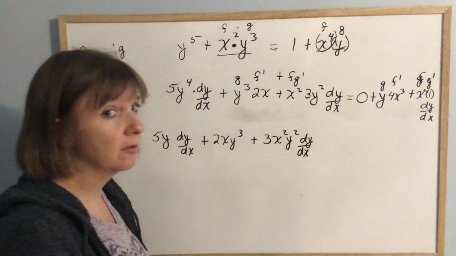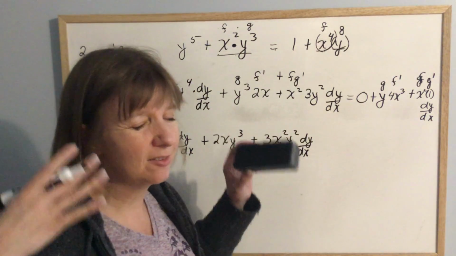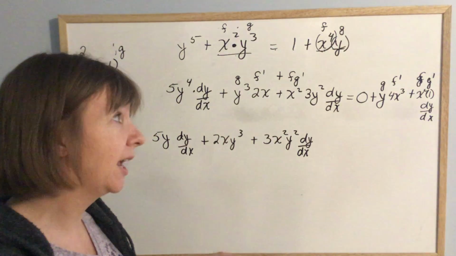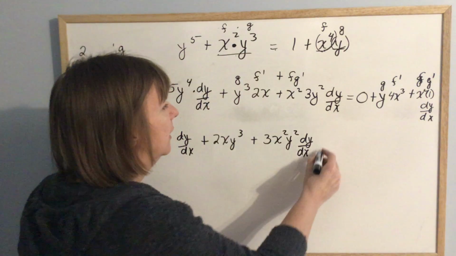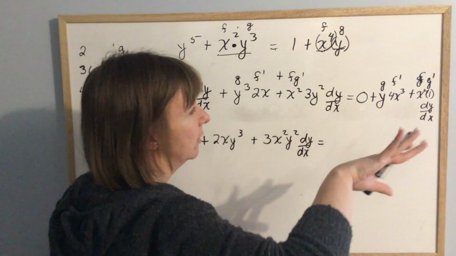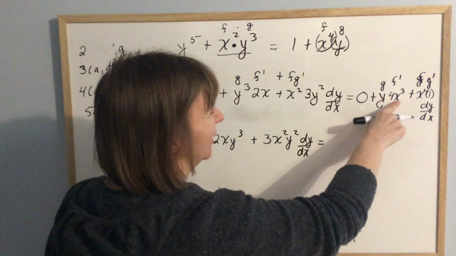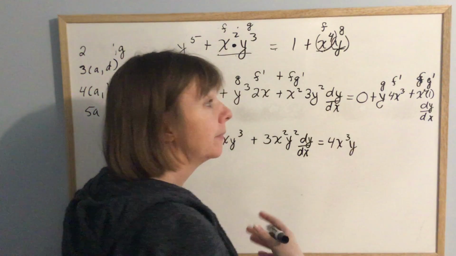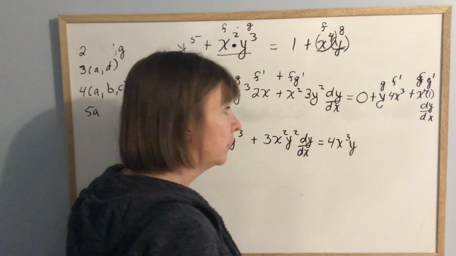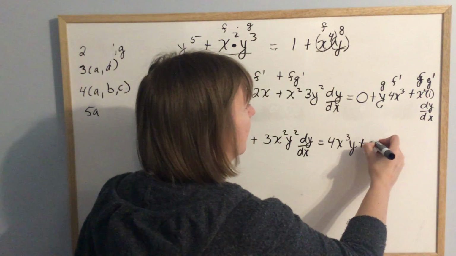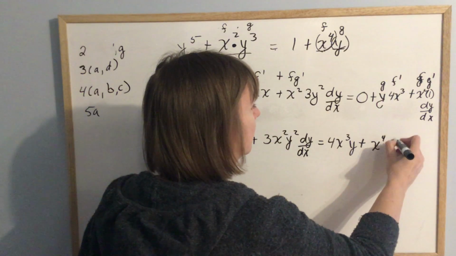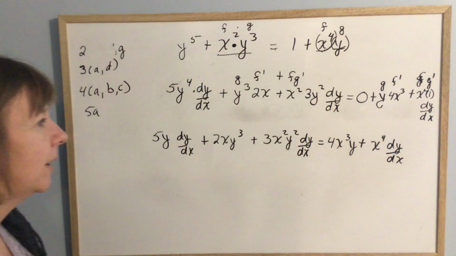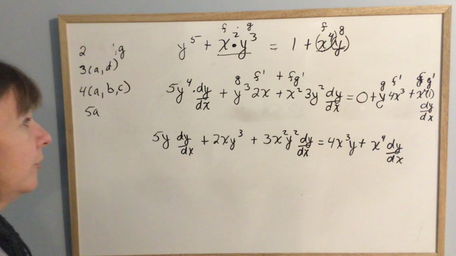No reason, it's not wrong to leave it like that, it just confuses my brain, and so to make it easier on my head, that's why I do that. This is equal to, now that's nothing, so I can just drop that. Again, I don't like the order that's in, so I would say 4x cubed y. Again, no reason other than just personal preference, plus x to the 4th dy over dx. So I just cleaned it up a little bit, made it easier for my brain to handle.